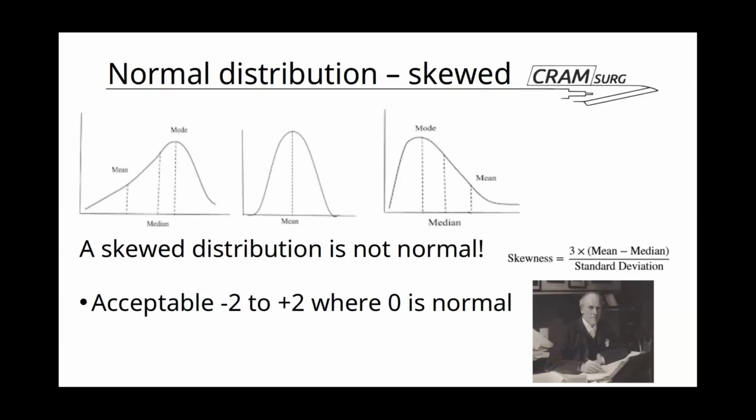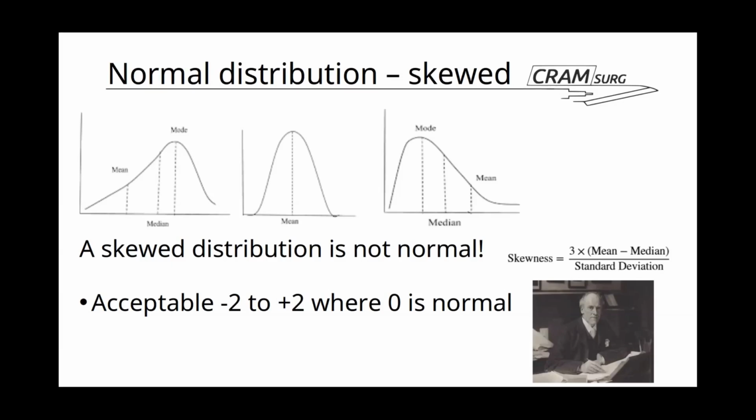So there is a degree of skewness that it is accepted as being near normal. And normally, between -2 and +2, it is accepted as somewhere where you can run a parametric test anyway, even if the data is slightly skewed. Because at the end of the day, the vast majority of the data that you'll be analyzing is a sample.